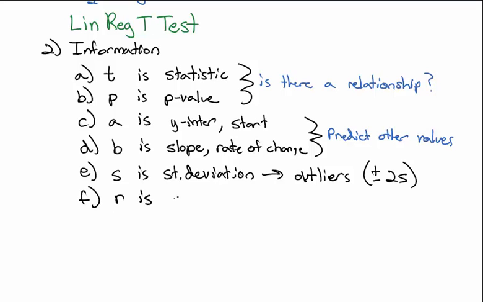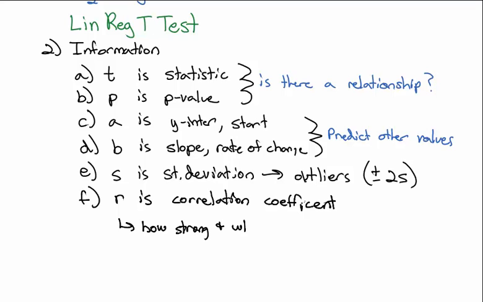R is what we call the correlation coefficient, which will basically get at how strong and what direction is the relationship.